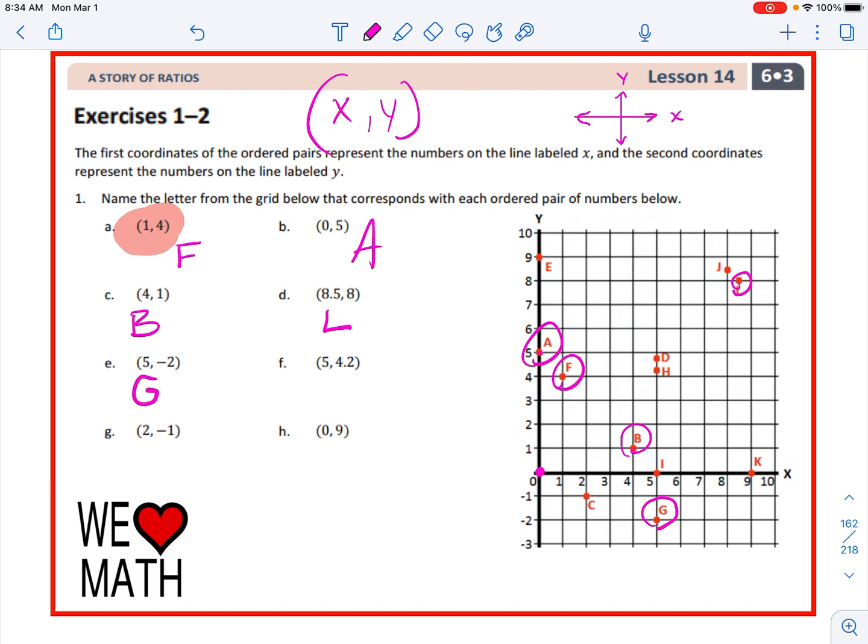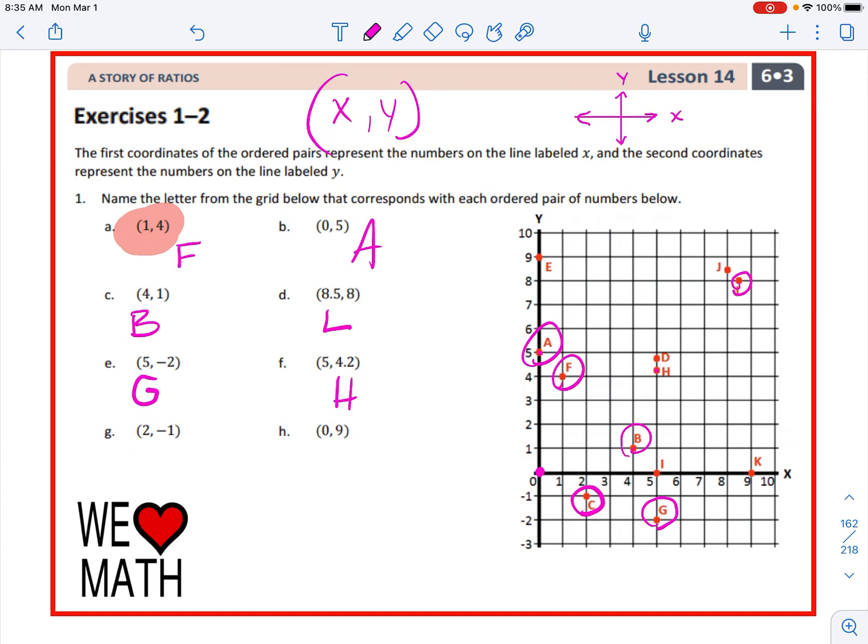Letter F is 5 and 4.2, which is the first one, and it's H. And G is 2 and -1.